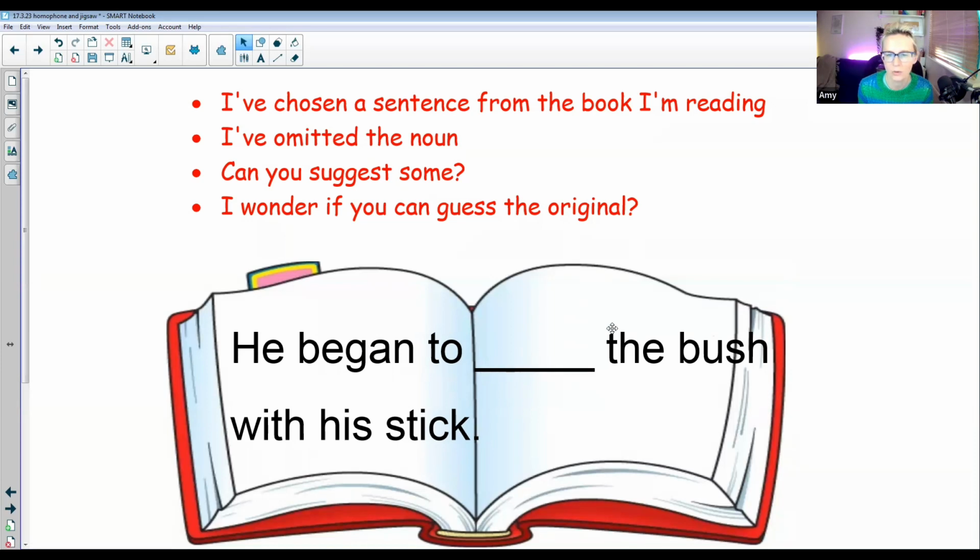So we had to guess what word class would go in here. The children worked out that it would be a verb, the infinitive of the verb, because we've got the to here. Really great answers. It took them quite a while, actually, but then a couple of people in the chat got it, and the word was: he began to whack the bush with his stick.